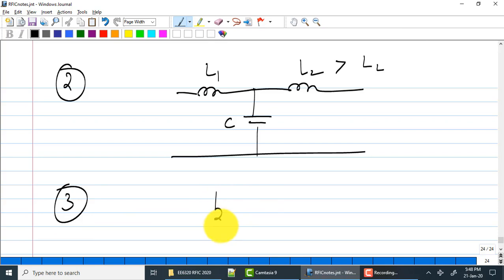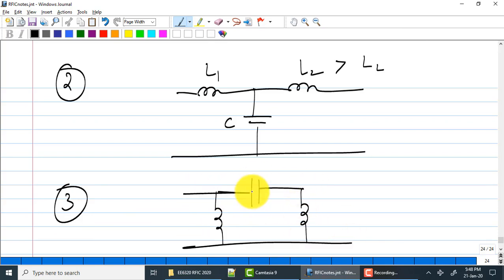You could try this for example. The T match doesn't work. T match and the original L match have the advantage of having the series inductance. If the inductance is larger, you just subtract it, it's easy. If not, you will have to do a bunch of series to parallel transformations and then try to make it work.